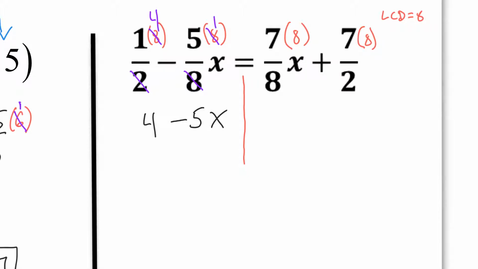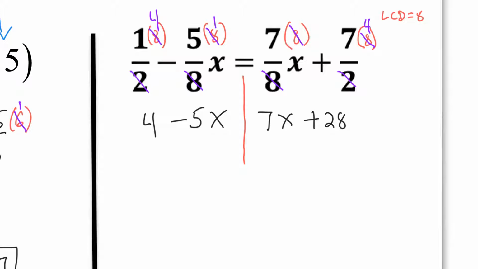Then you guys cross simplify the 8 and the 8 right there. So all we have left is the 7x. 8 goes into 8 one time. So we just bring down the 7. And over here, 2 goes into 8 4 times. So you multiply positive 7 times 4. So that's positive 28.